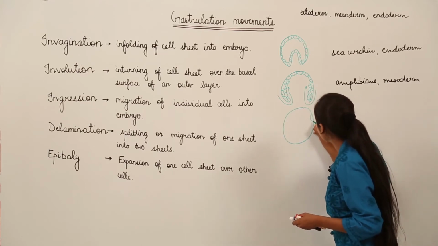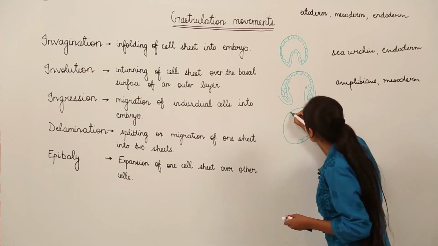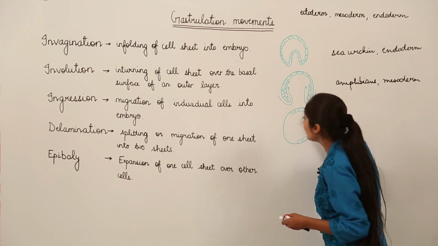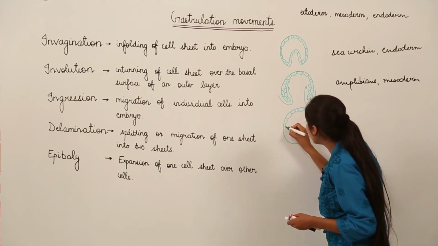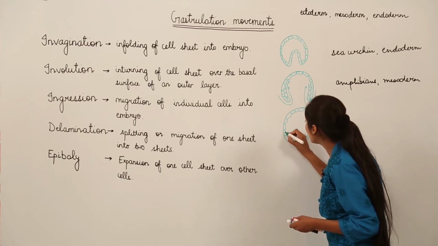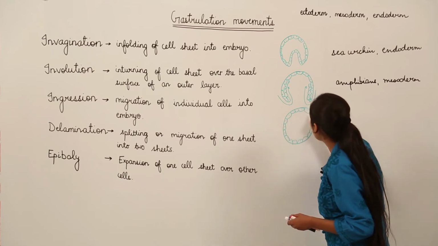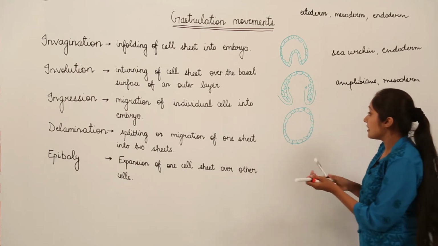You have these cells. So as it is a migration of individual cells into the embryo, what is going to happen? Individual cells are going to come and enter into the embryo. So we can also say that maybe these are some sort of different cells.